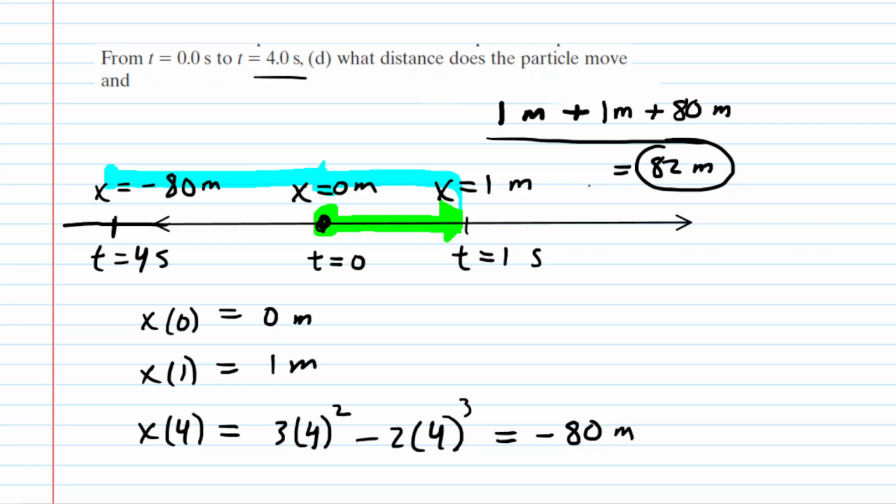Let's take a look at part E, which asks, what is the particle's displacement? Now, this is a little easier to calculate than distance because displacement, which is symbolized by delta x, is equal to the final position minus the initial position. Now, we're going from 0 to 4 seconds. So the final position would be the position after 4 seconds, and the initial position would be the position at 0 seconds.